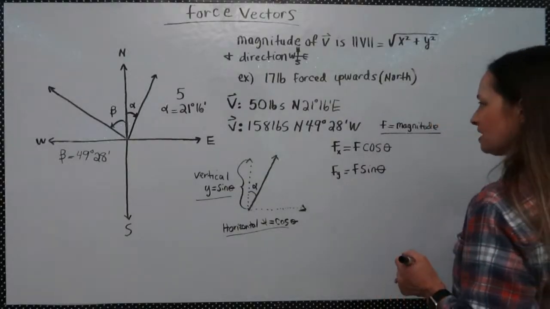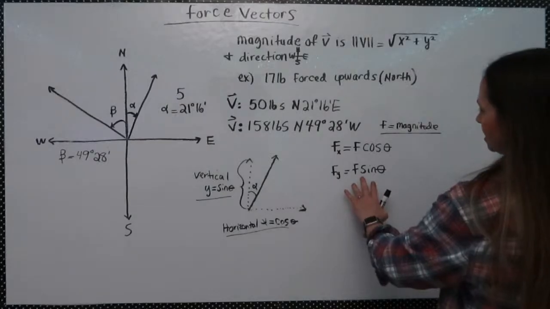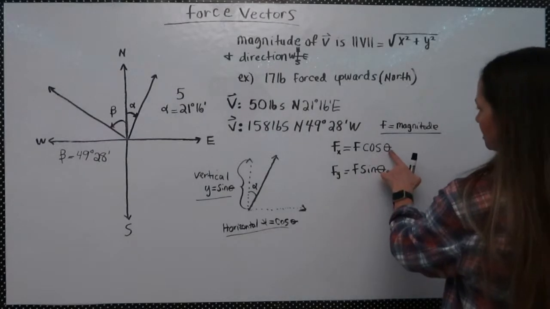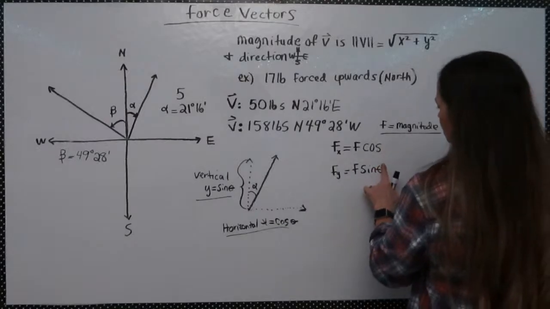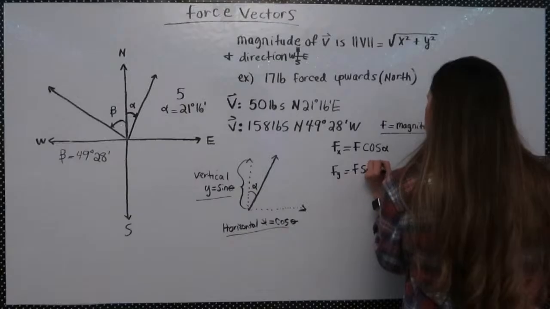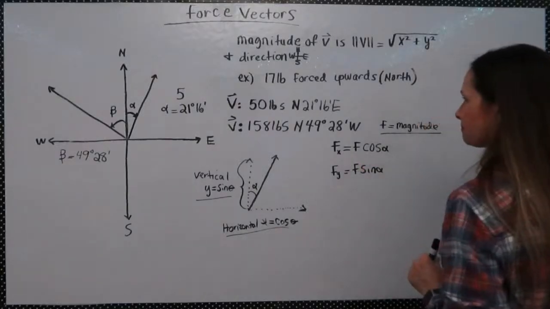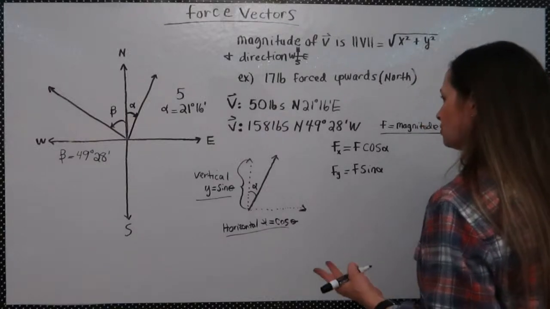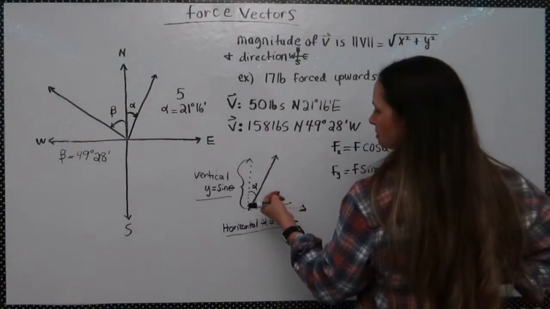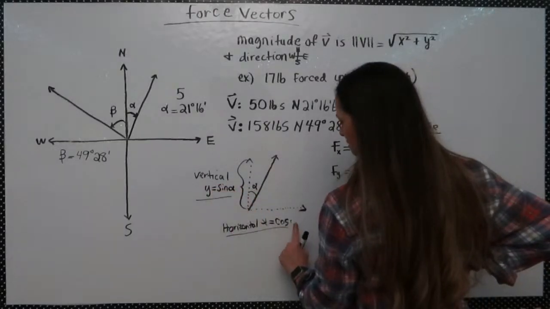All right, since we have these formulas, then we can quickly use them, and in this case, it's not theta, we're going to change it to alpha, whatever our angle is. Theta is a generic general term, and since I'm using alpha here, I'll stay consistent with my variables.